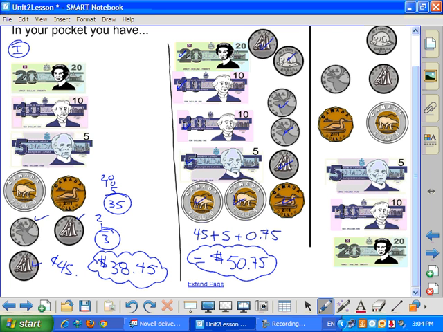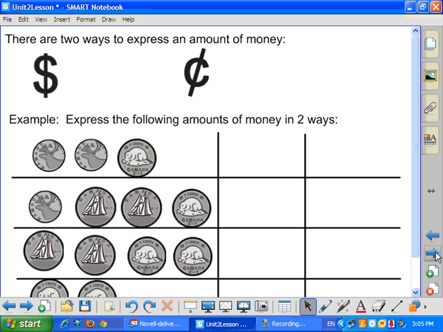So again, hopefully this is another thing you're familiar with when it comes to adding money at this point in time. So I want you to be able to look at a sum of money and tell me how much is there. Okay, and in the final slide here, I just want to remind you that there are 2 ways to express money. So we have our dollar sign, so in dollars. And when you do dollars, that means that you're going to have a decimal value.